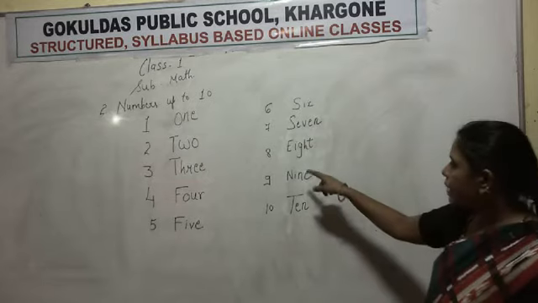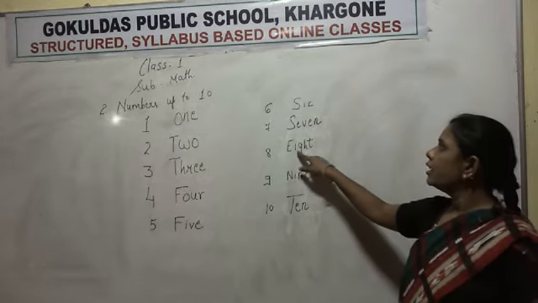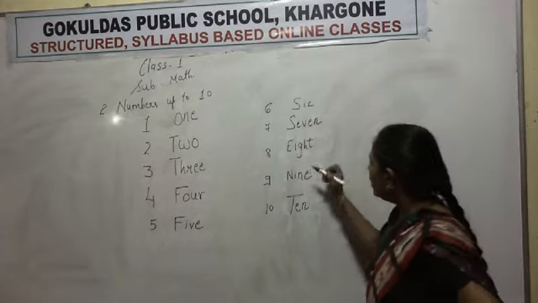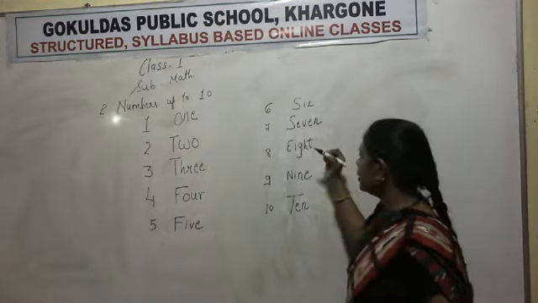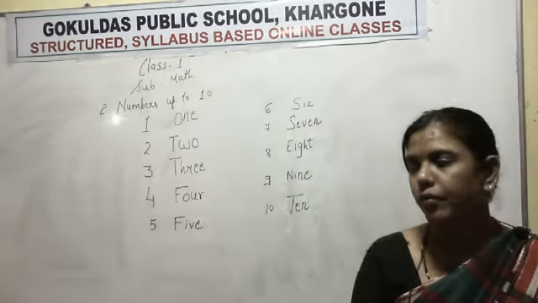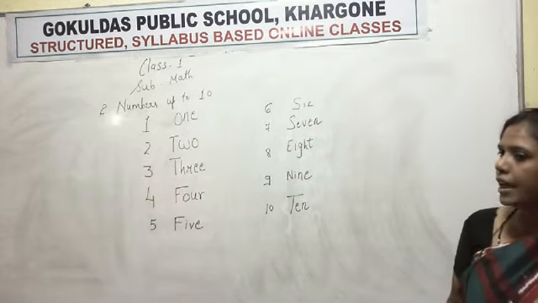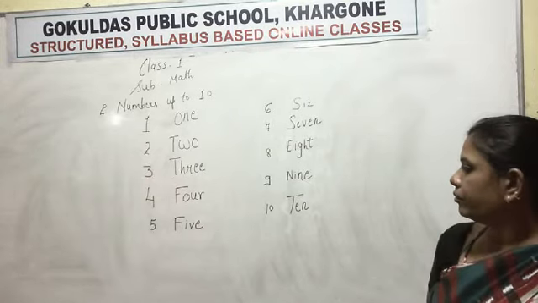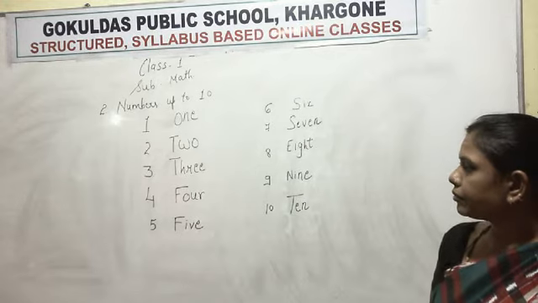Now write its spelling, E-I-G-H-T, 8. Okay. Write the next number 9. N-I-N-E, 9. Written.